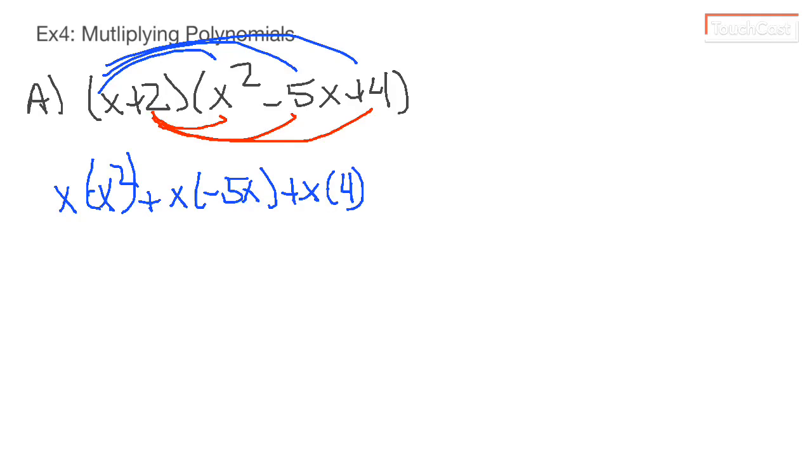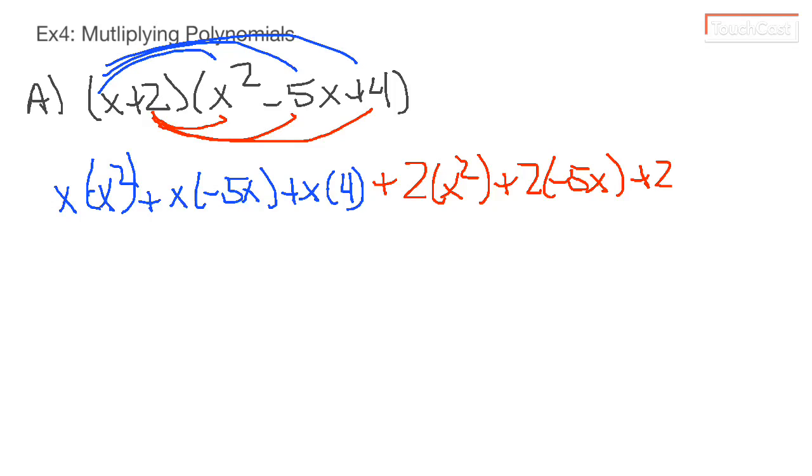And then we can write our red stuff, plus 2 times x squared, plus 2 times negative 5x, plus 2 times 4.